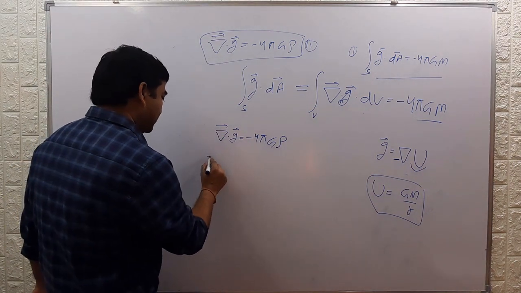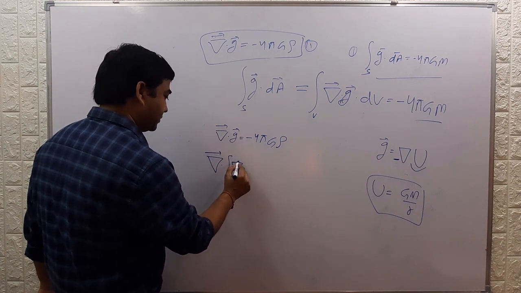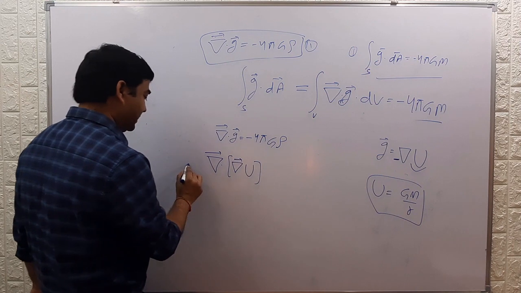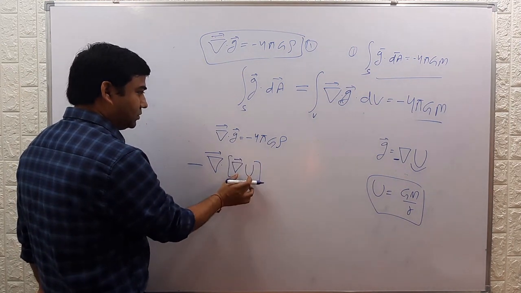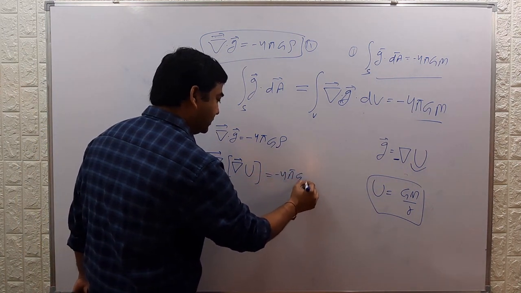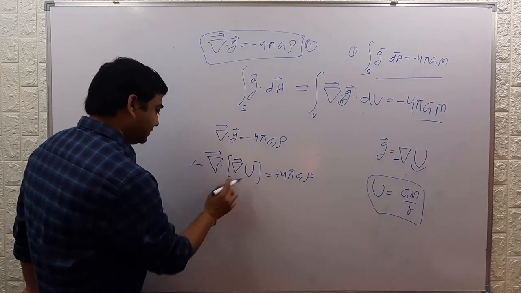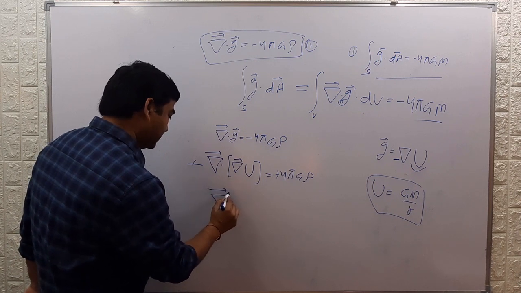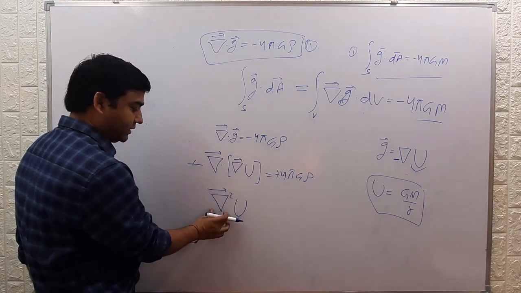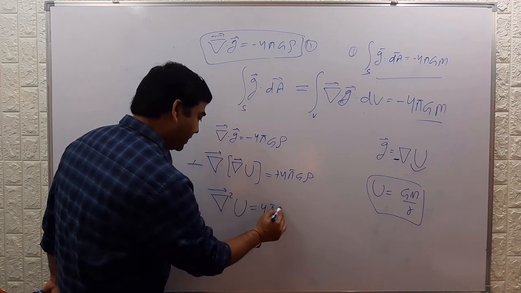So we can write here divergence of G, which is minus grad U, is equal to minus 4 pi G rho. This can be written like this. So minus minus will cancel, and this will be grad square, which is also called the Laplacian operator. Laplacian of U will be 4 pi G rho.